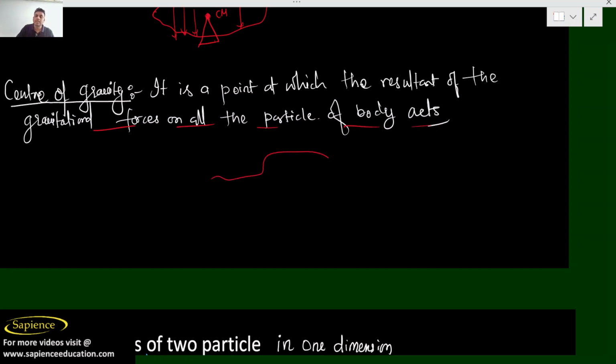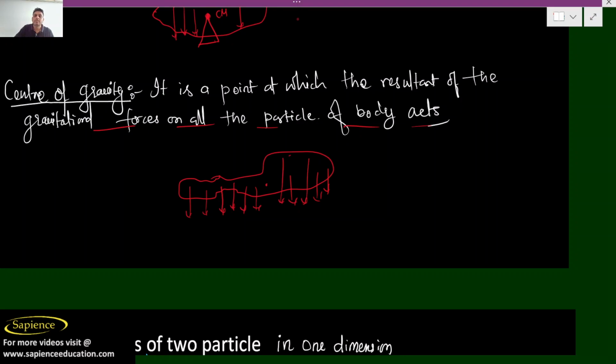So let us consider any irregular shape. There will definitely be one point where the resultant acts. Everywhere there is a gravitational force, here also, here also, here also. Due to every particle there is a gravitational force.